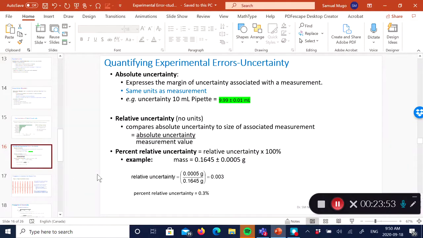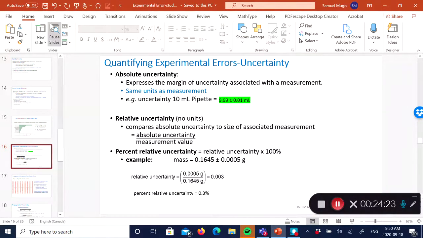So to do the relative uncertainty, you just do the ratio, the absolute uncertainty divided by the mean. And that is what you get as a relative uncertainty. Take note of this, the grams have cancelled out, and so my relative uncertainty has no units, it's unitless. In some cases, people would multiply it by 100, and they would call this then percent relative uncertainty, which is 0.3%.